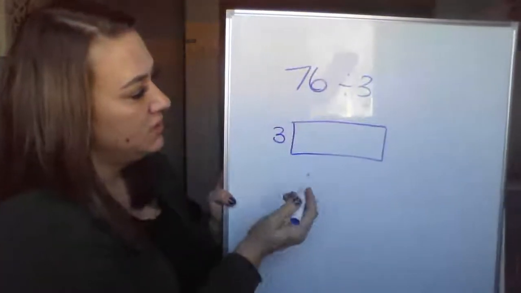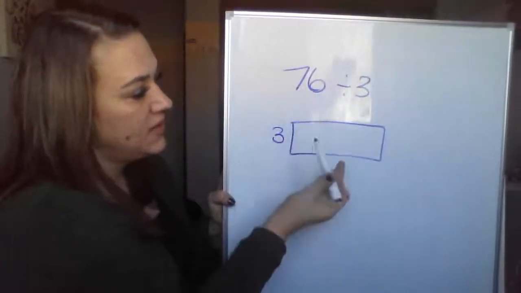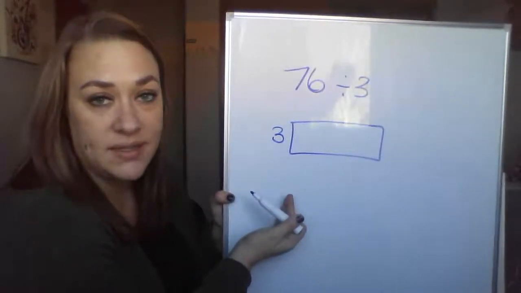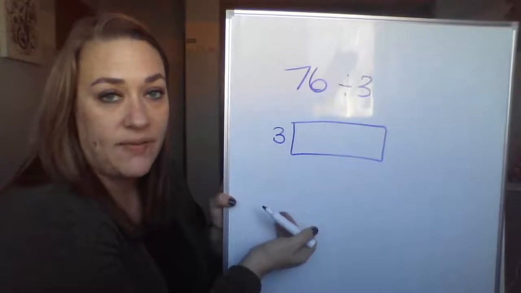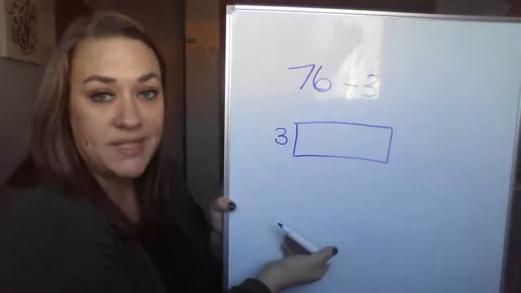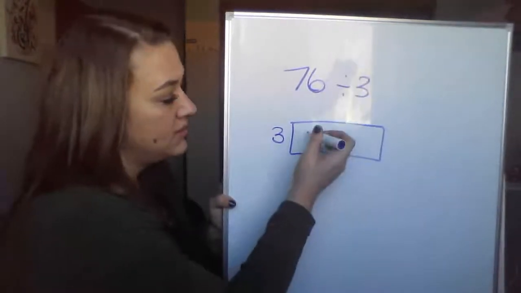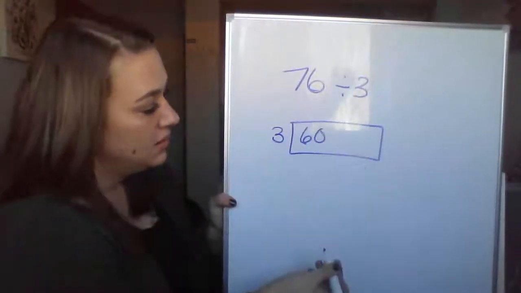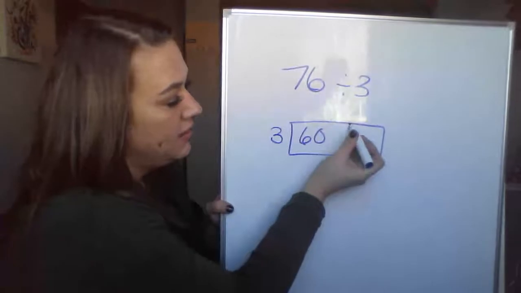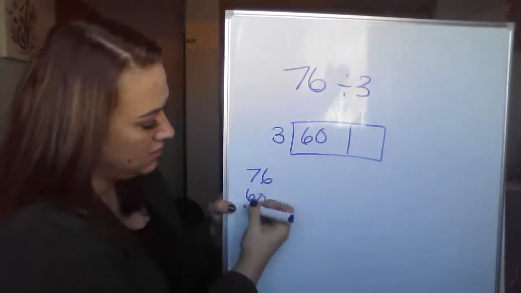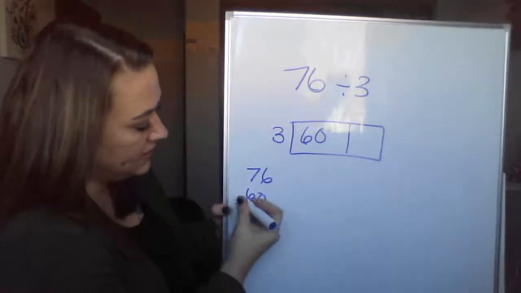Okay. So 76, well, 70 is not going to be divisible by 3 because 3 doesn't go equally into 7. So my next 10 would be 60s. 3 goes into 6 evenly. So I'm going to break this into 60. And then 76 minus 60 is going to give us 16.